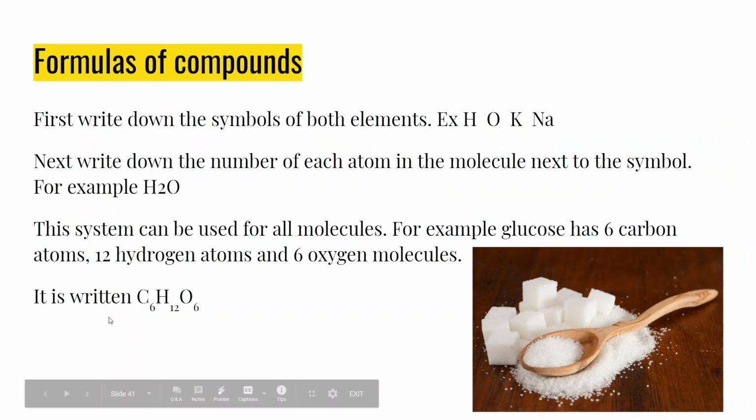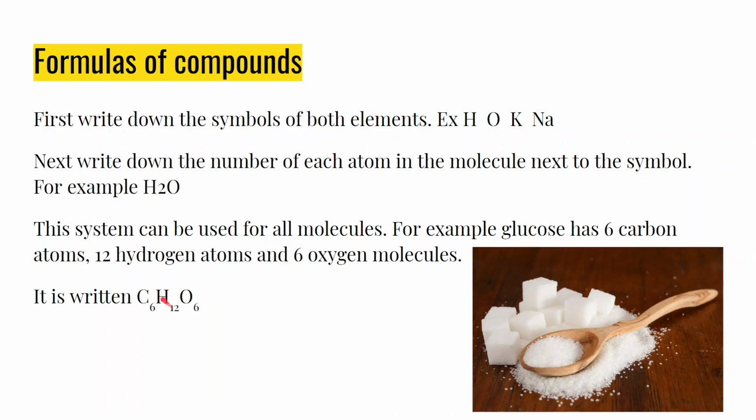Now, you see this here. This is not a typo. This is purposefully done this way so that the 6 is at the bottom. Here, that is what we call a subscript. And this would be glucose written out. 6 carbons, so the 6 goes here. 12 hydrogens, so the 12 goes here, and then oxygen, 6 of them, so they go right here.